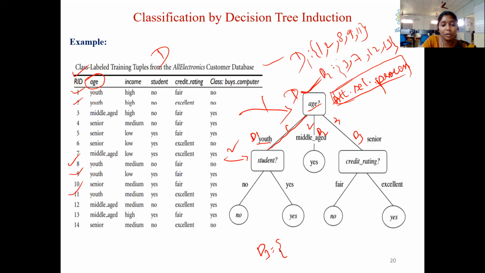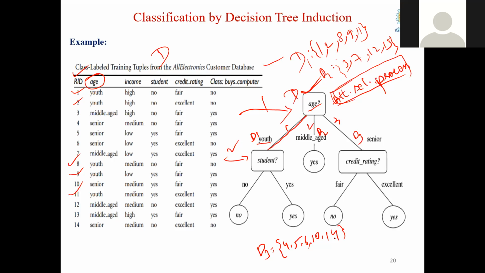What are the leftover tuples? 4, 5, 6, and 10, 14. Yes. Why? Because for the tuples 4, 5, 6, 10, 14, the age value is senior.